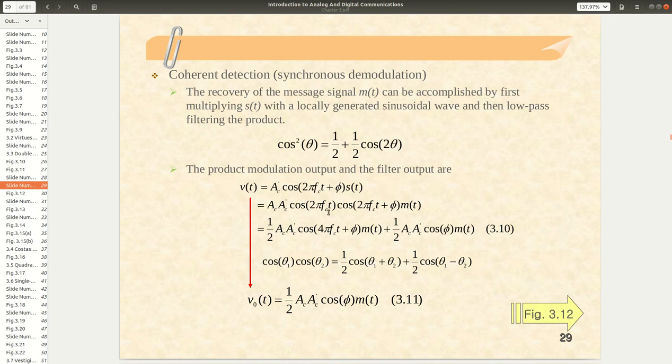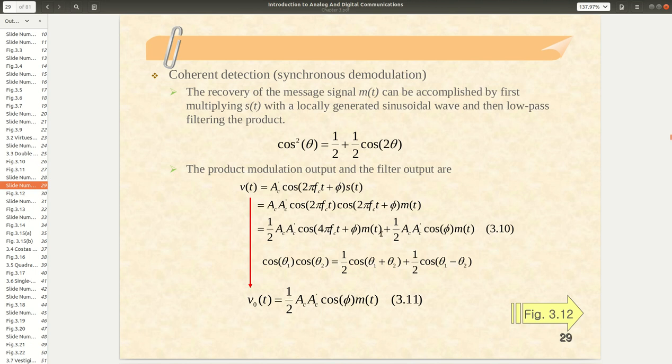From trigonometric calculus, you take the summation one time and the subtraction one time. If you take the summation, you will have 4 pi fc t plus phi, and if you take the subtraction, you will get only phi.